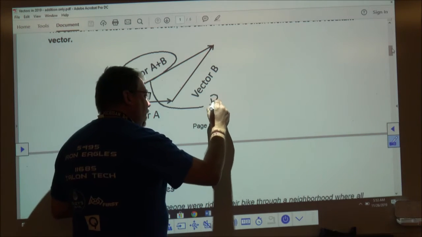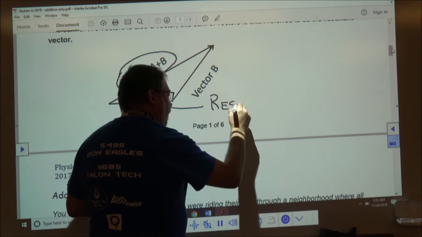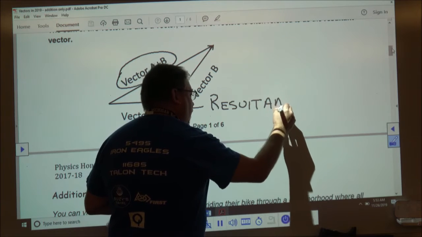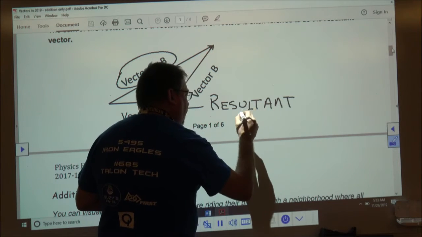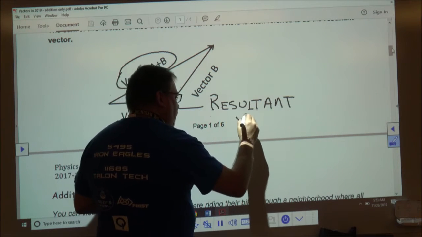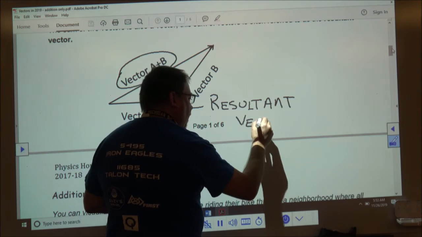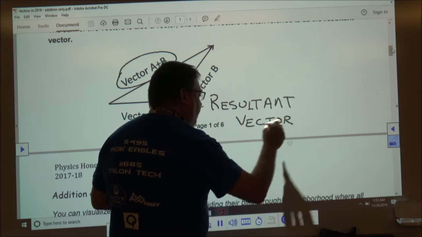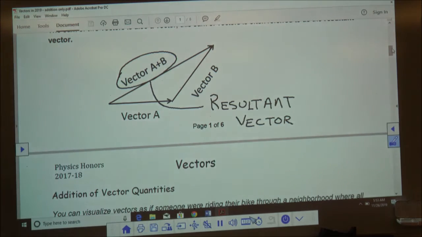I'll write that out. So some questions might just ask, what is the resultant of these vectors? Others might ask, what is the resultant vector?